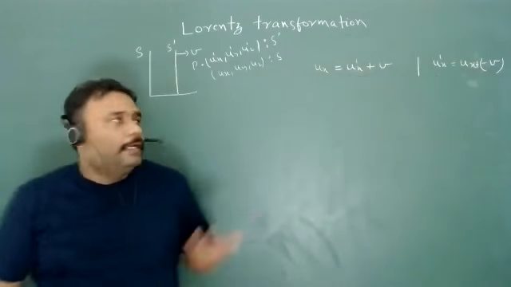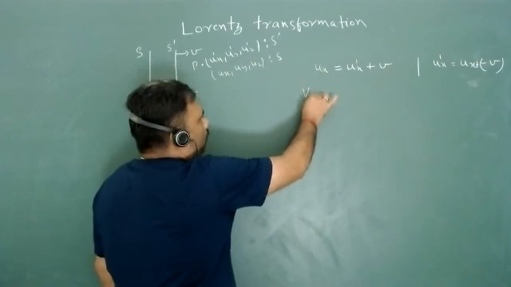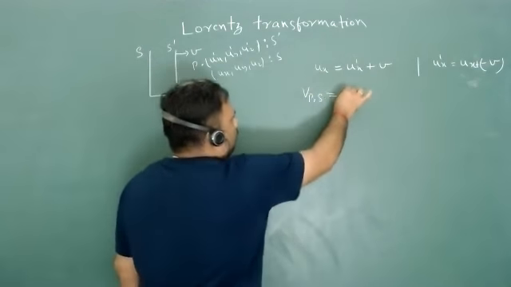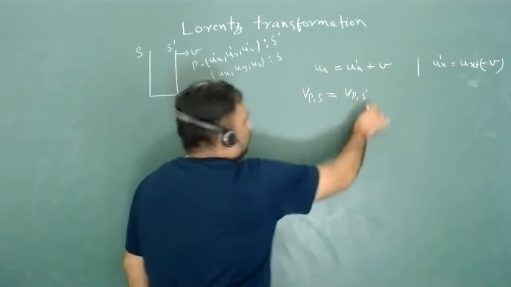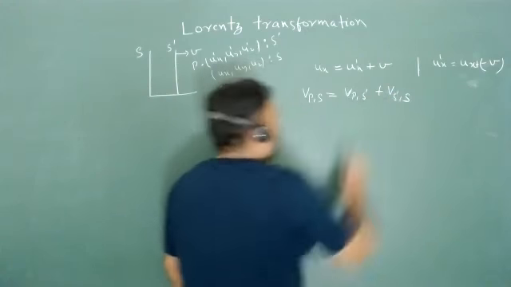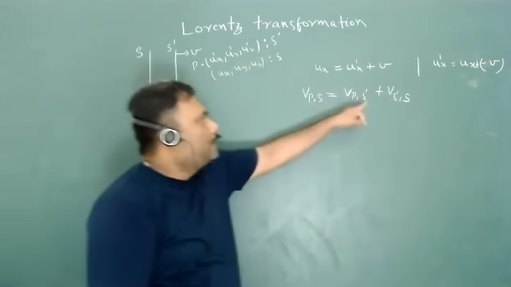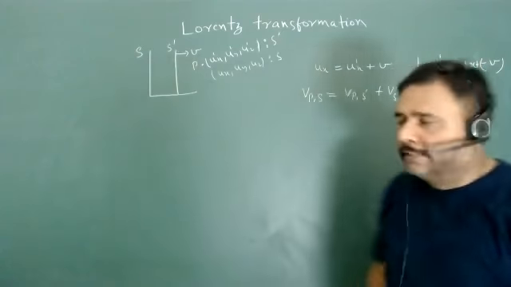And we also have an algorithm, which is very interesting. Velocity of the particle with respect to S is equal to velocity of the particle with respect to S dash plus velocity of S dash with respect to S. When we change S to S dash, we only have to change the sign, isn't it?